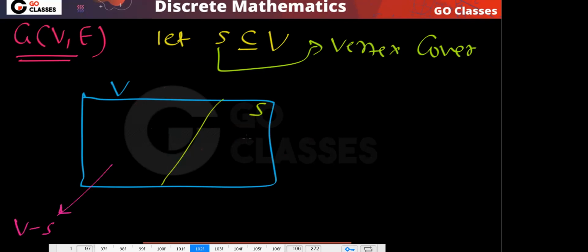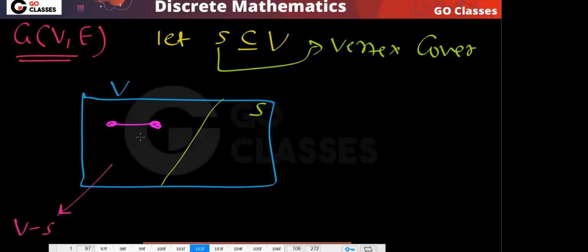Now notice that if this is your S, meaning this is the vertex cover, is it possible that there is some edge here? Please tell me. Like this edge, is it possible?